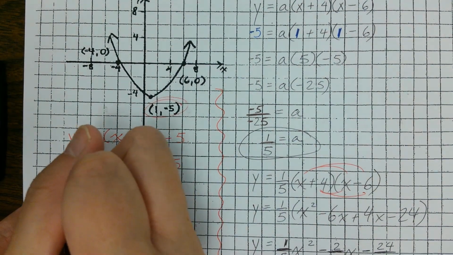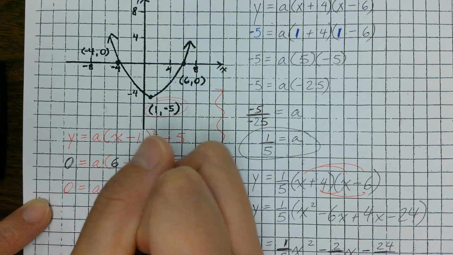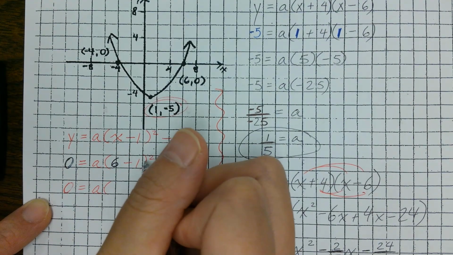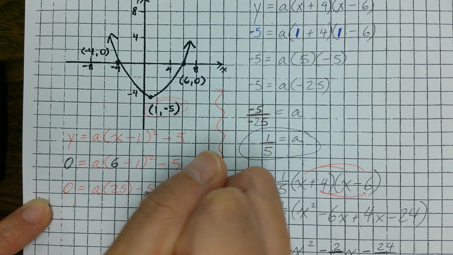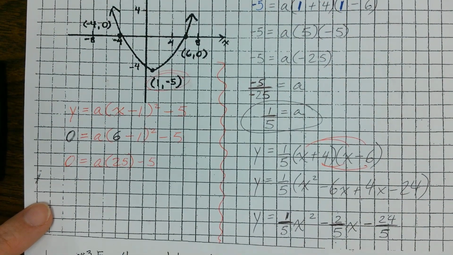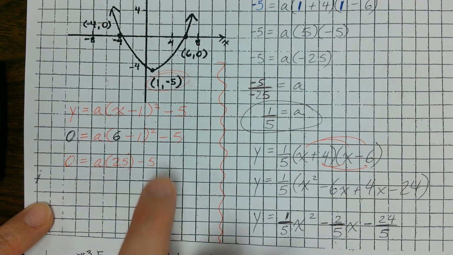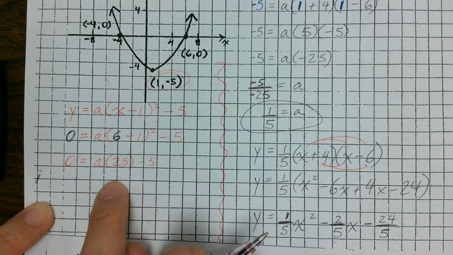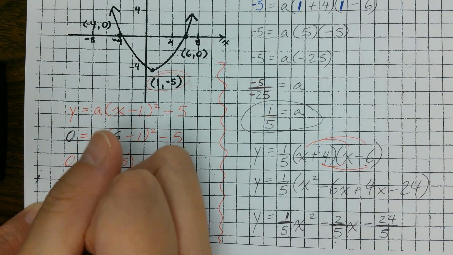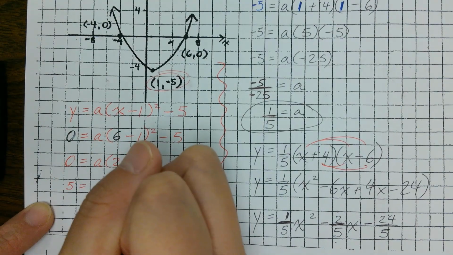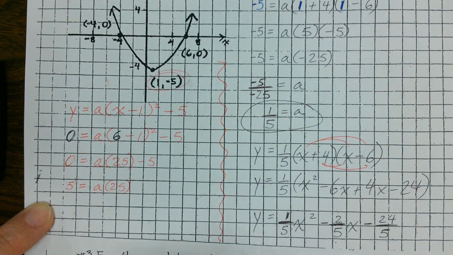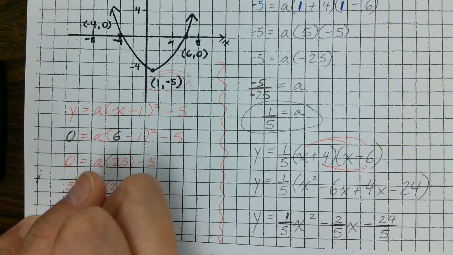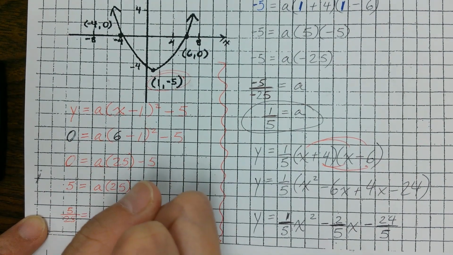Okay, so 0 equals a times 6 minus 1, 5, 5 squared, 25, minus 5. Okay. Move that negative 5 over. It becomes 5. And then divide by 25. So 5 over 25 is a.